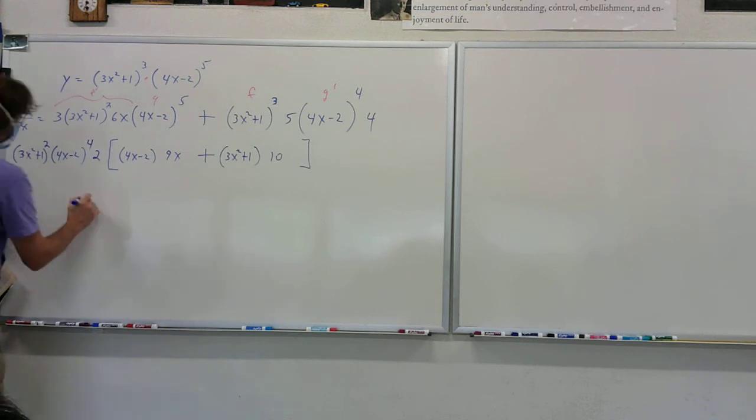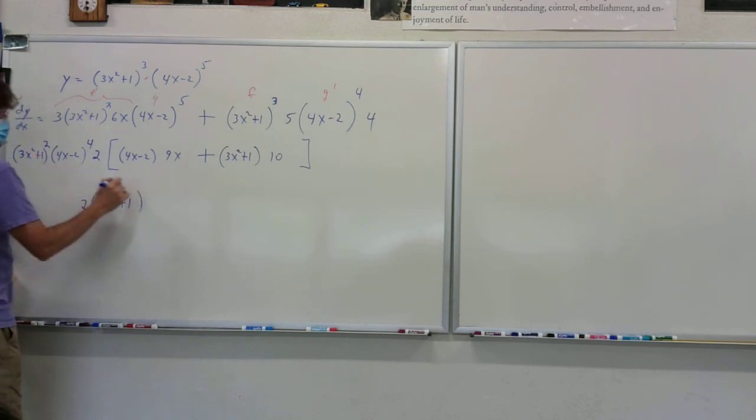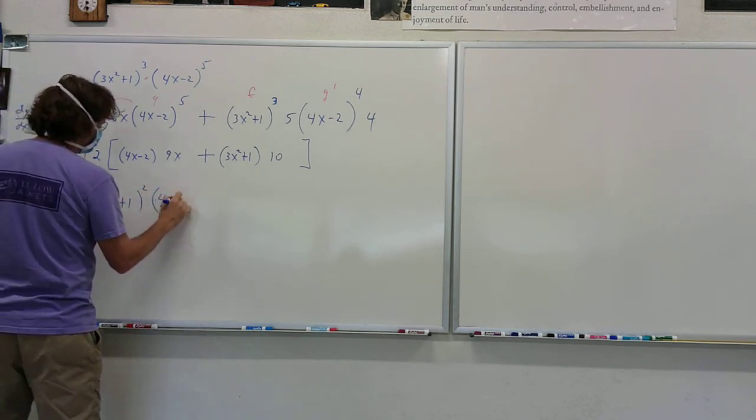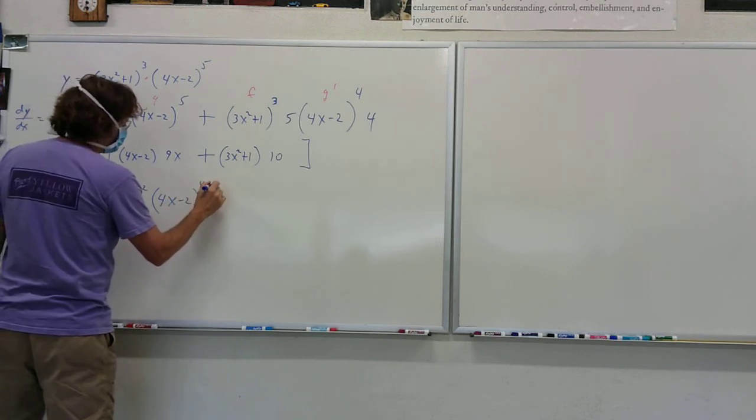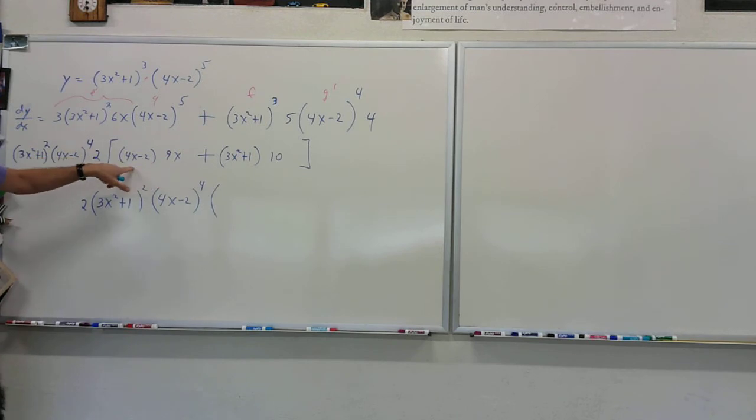And we're going to write the front down, 2 parentheses, 3x squared plus 1 squared, parentheses, 4x minus 2 to the 4th. And then that bracket, if you wanted to, you could multiply all this out, right?